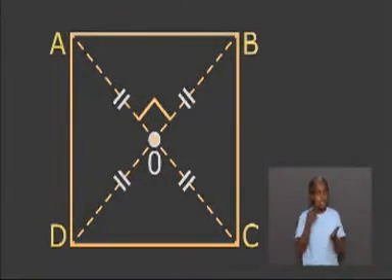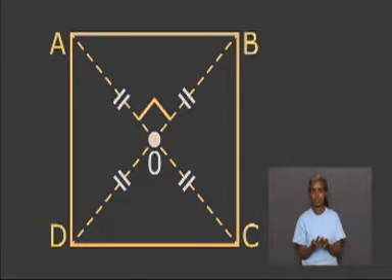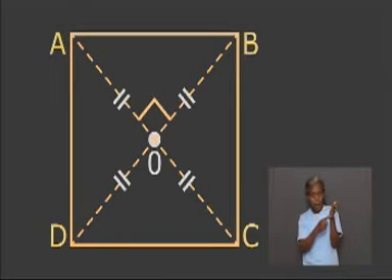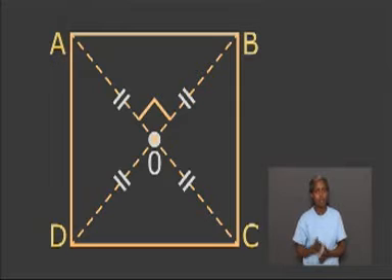This quadrilateral is divided into 4 parts. AC and BD are perpendicular bisectors of each other. Knowing this, let us see if we can prove that it is a square.